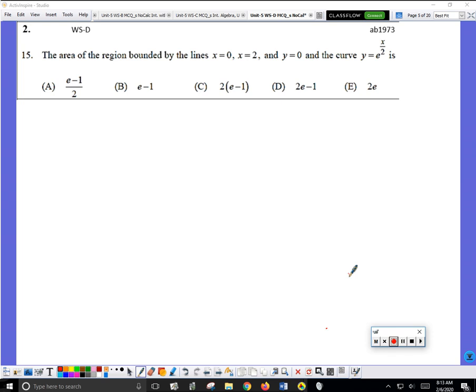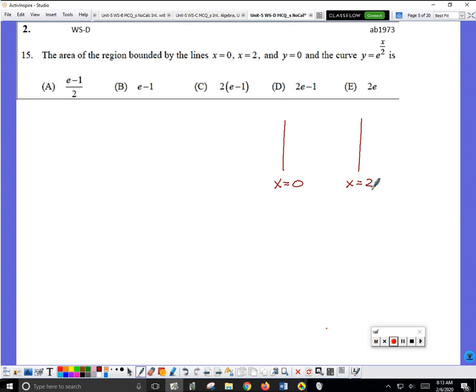It says the area of the region bounded by the lines. This part's easy to remember. X equals 0 is a vertical line whose x-coordinate is always 0. Drawing a picture always helps. So let's see. Vertical line at x equals 0. X equals 2. You cannot use your calculator.